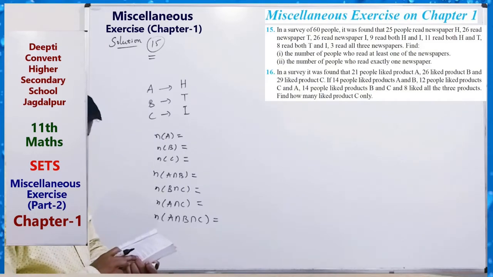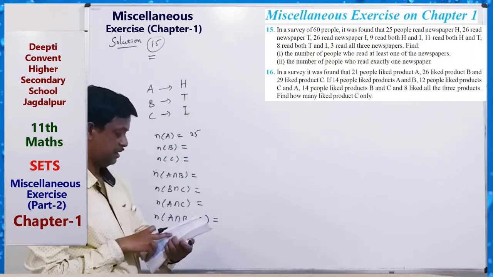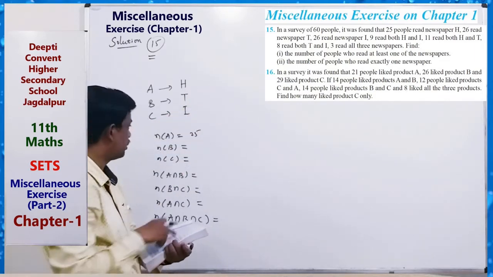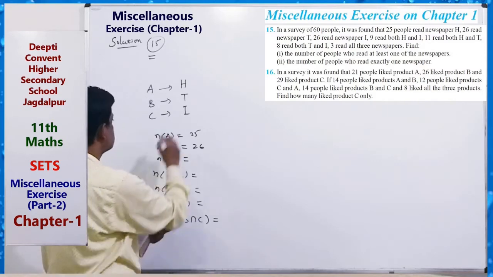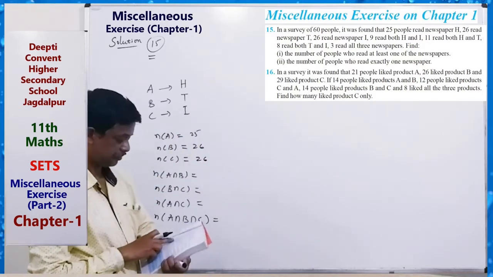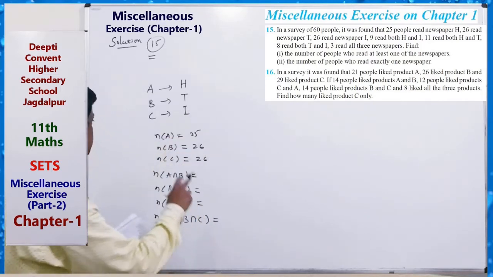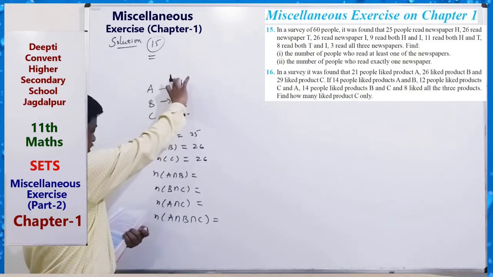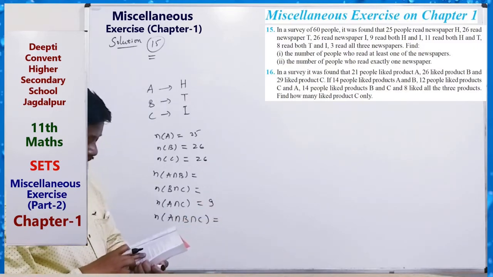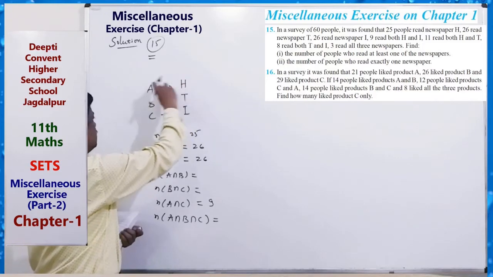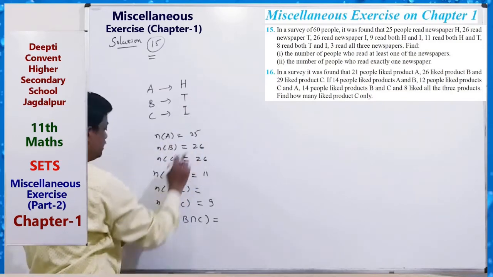Okay, so H is 25, T is 26, I is 26, and 9 read both H and I, that is A intersection C, 9. 11 read H and T, A intersection B, 11, and 8 read T and I, 8.